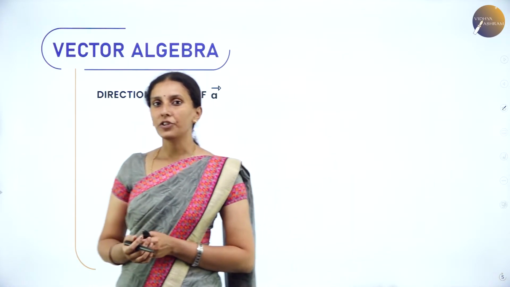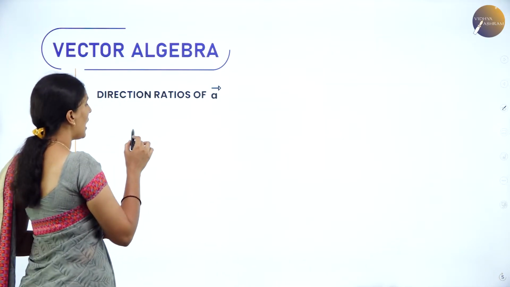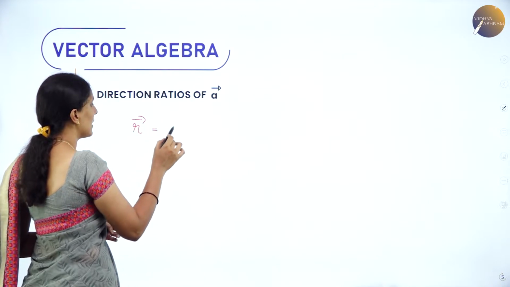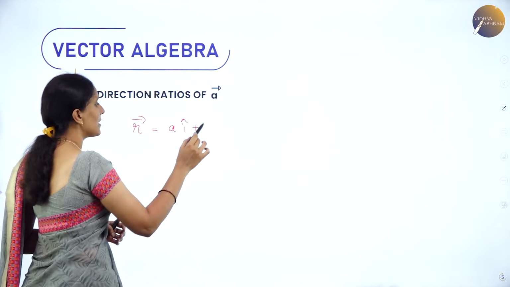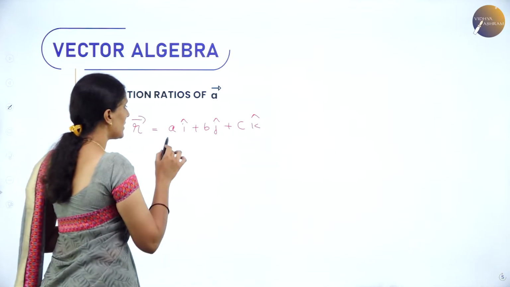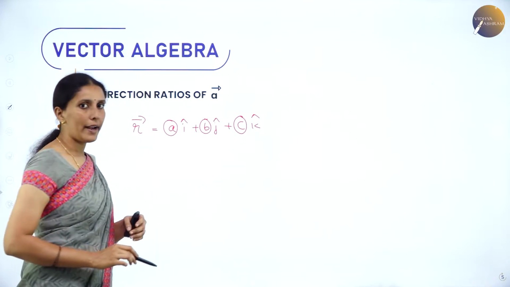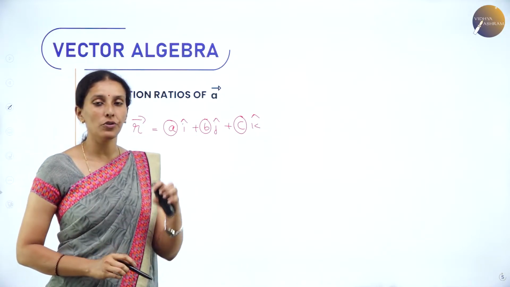Now, direction ratios of vector A. Suppose I take vector r as ai plus bj plus ck. So the scalars a, b, c are called the direction ratios of the vector.